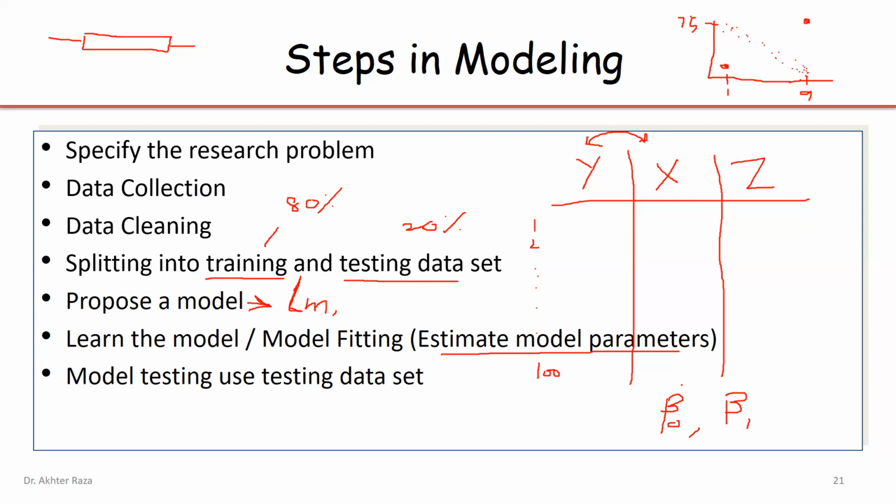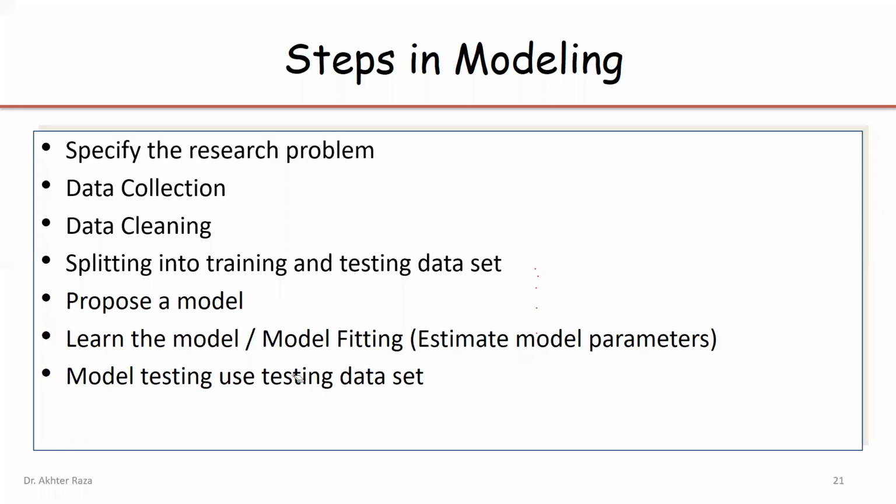After model fitting, we have to test the model using the testing data set and check the accuracy of the model. If the model is accurate, we will deploy the model and use it for future predictions.